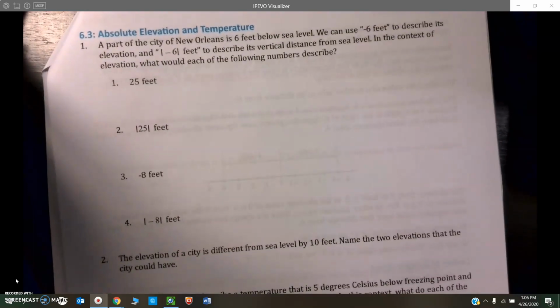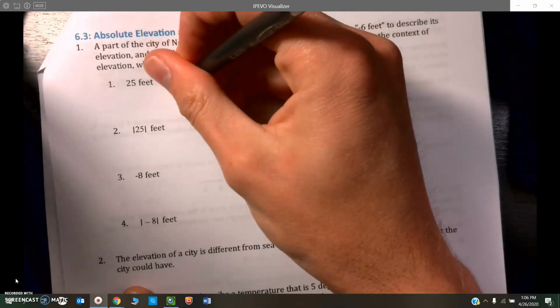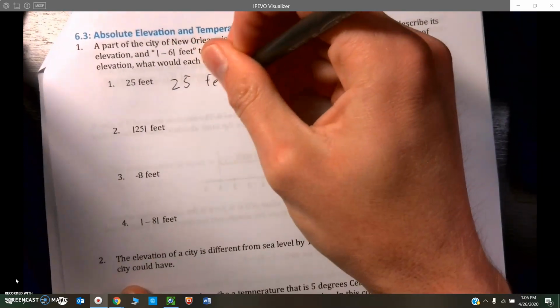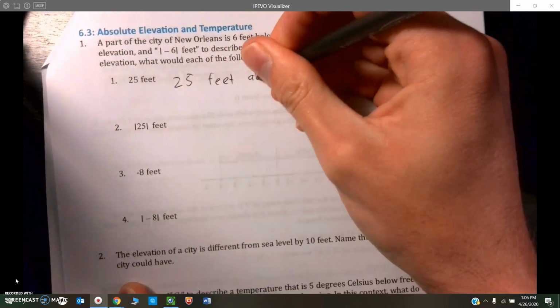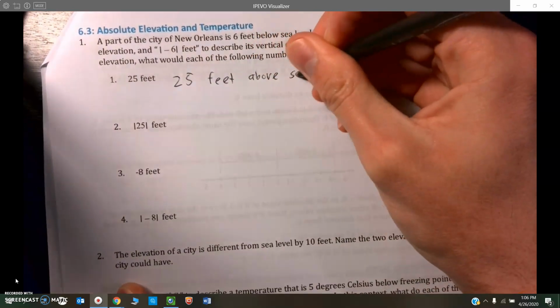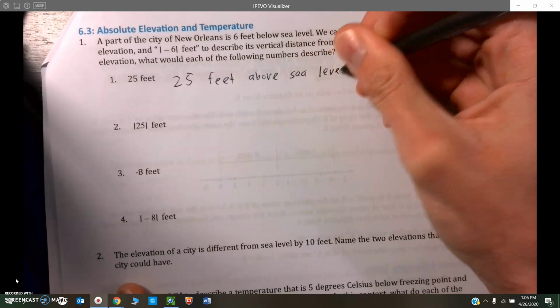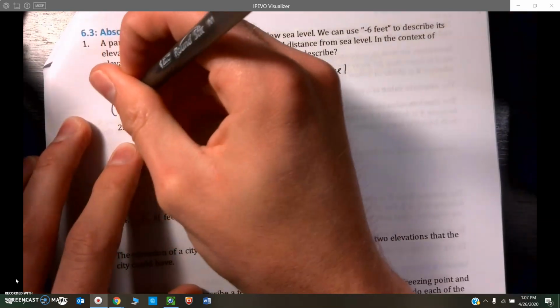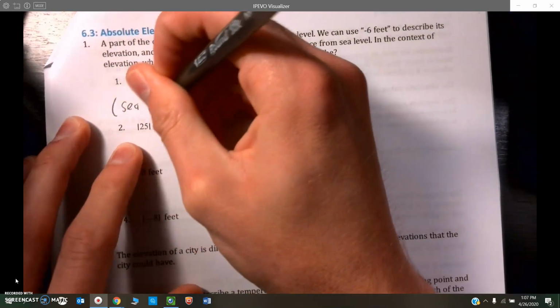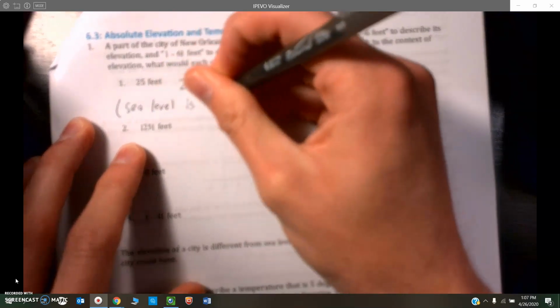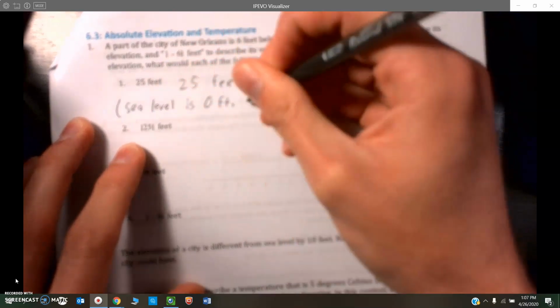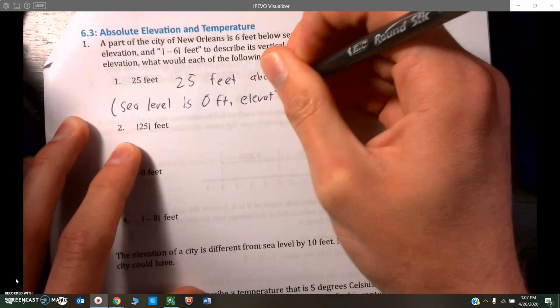In the context of elevation, what would each of the following numbers describe? So here we just have 25 feet. It's positive, so that would mean 25 feet above sea level. And once again, sea level is 0 feet elevation, just to help orient ourselves here.